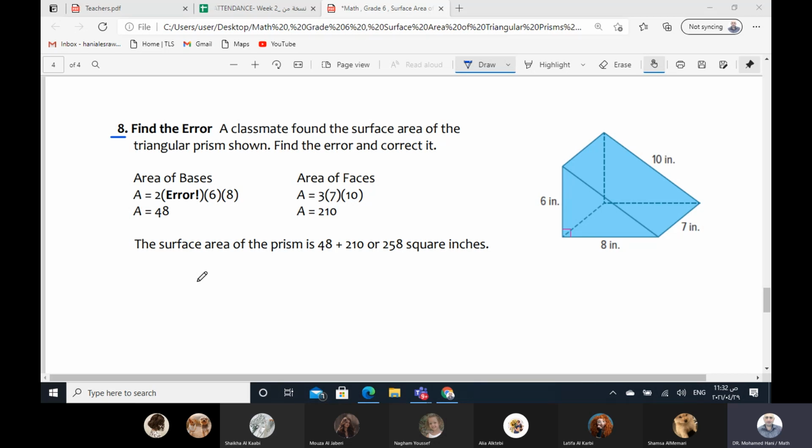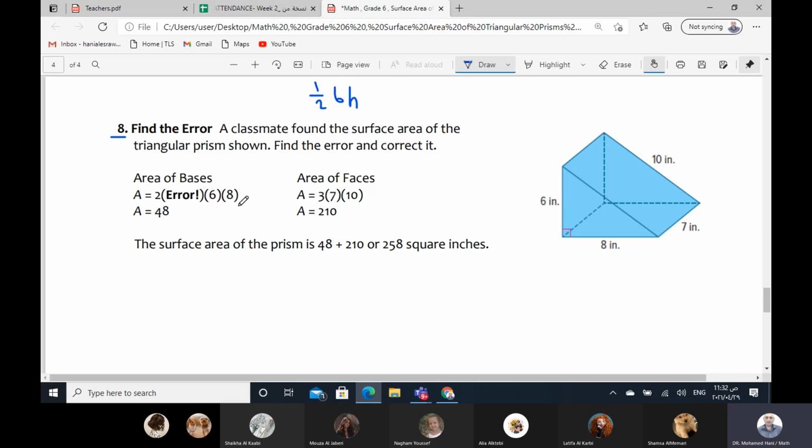Who can remind us? I'm Nagam. Can I say it, please? Yes. 1 over 2 multiplied by the base multiplied by the height.